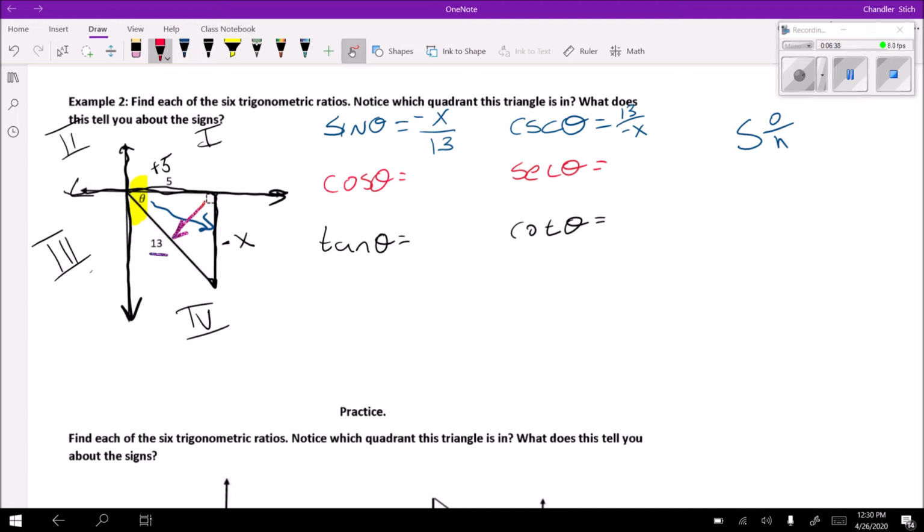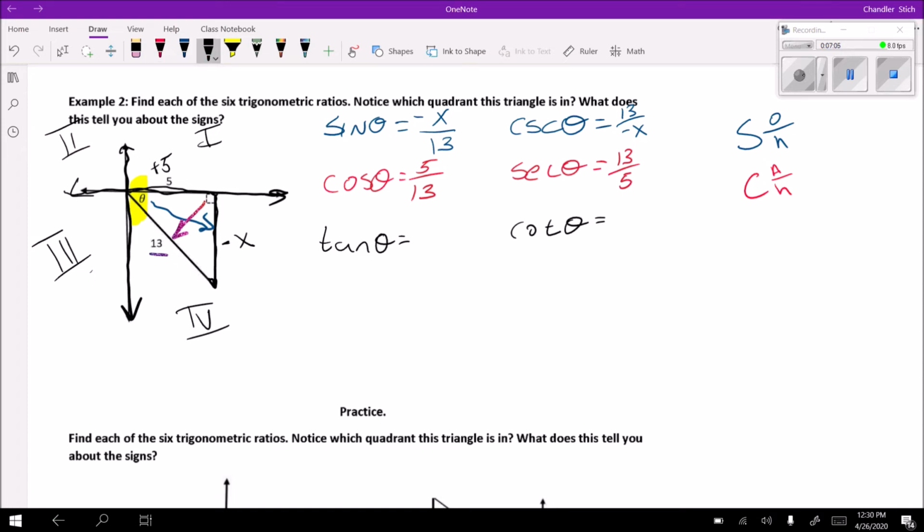Cosine. Adjacent over hypotenuse. This would be 5 over 13. And then secant is the reciprocal, which is 13 over 5. Okay. And then tangent.